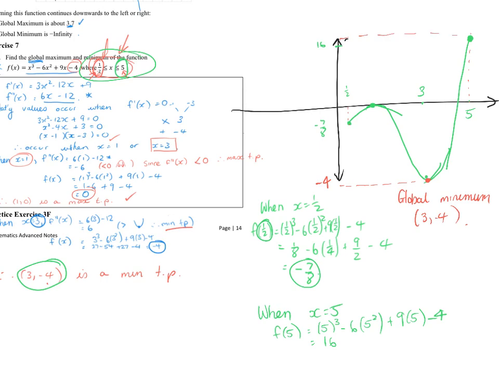The global minimum is actually only one value, not the coordinate. We say the global minimum is y equals minus 4, and the global maximum is this value up here, which is 16, so y equals 16.